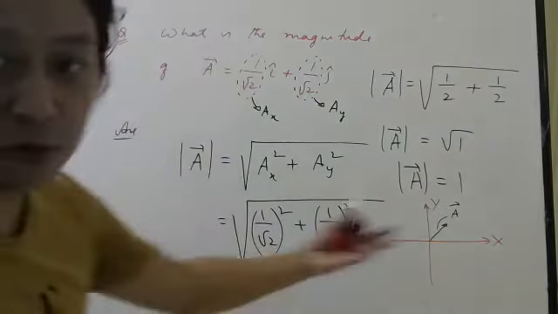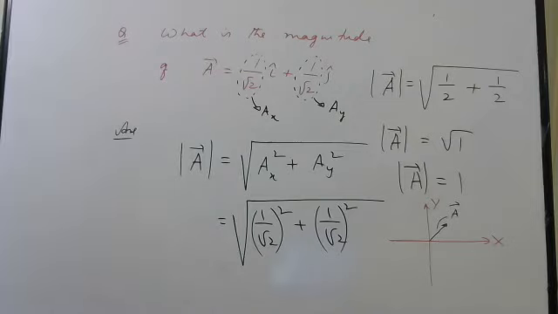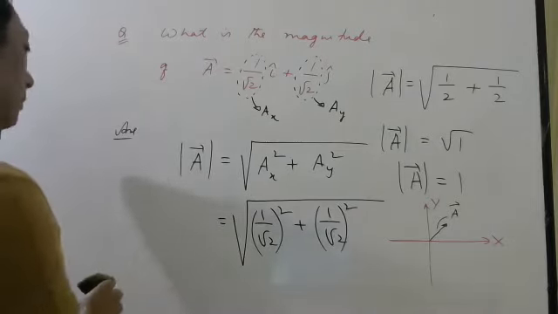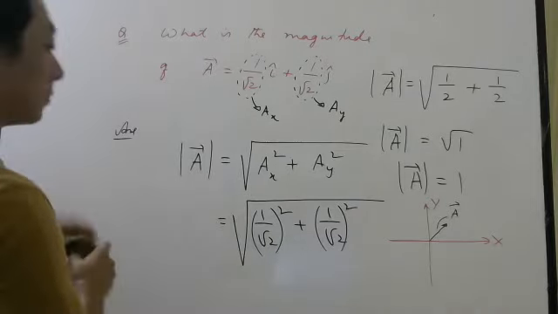And this is actually a unit vector. After solving, you come to know. Before, you have no idea, no? Since this length is 1 and the angle is 45, if you take the x component, you will get 1 cos 45, which is 1 by root 2.